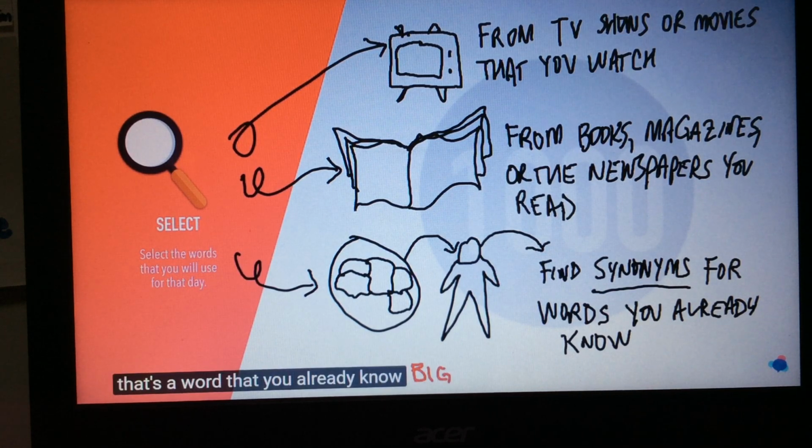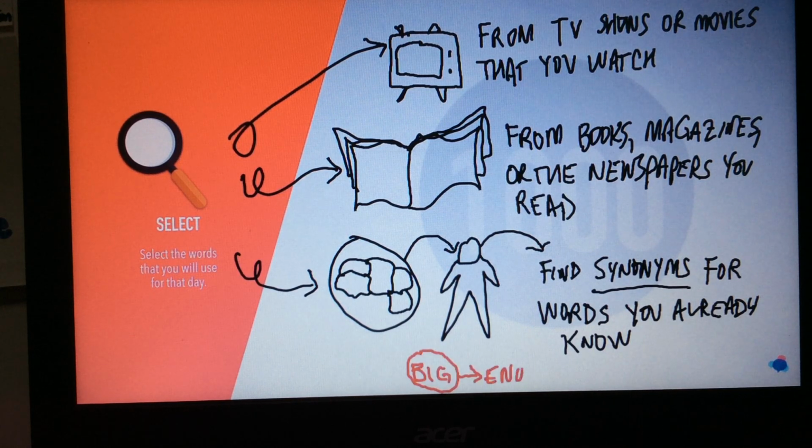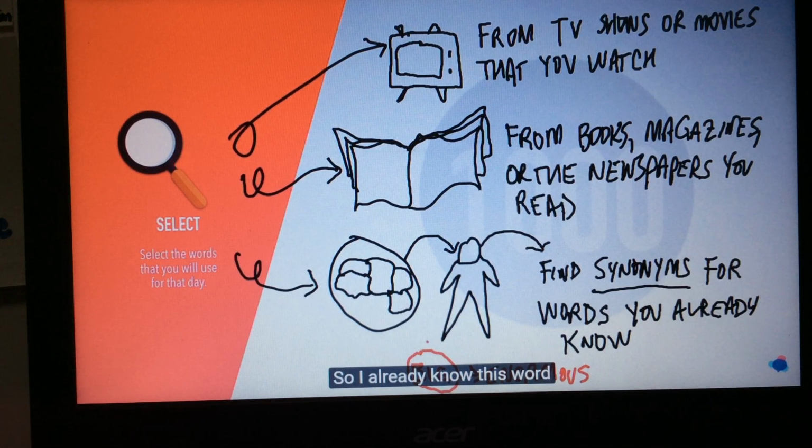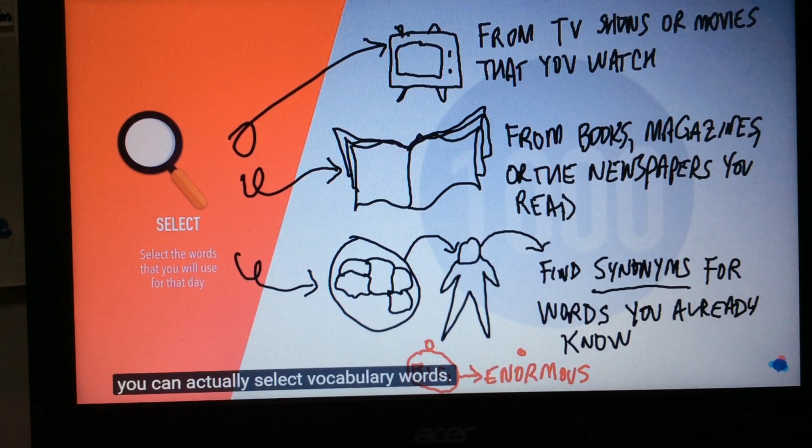That's a word that you already know. But a synonym for the word big is enormous. So I already know this word, but enormous is a synonym for that word. Okay? So these are 3 different ways you can actually select vocabulary words. Okay, let's keep going.